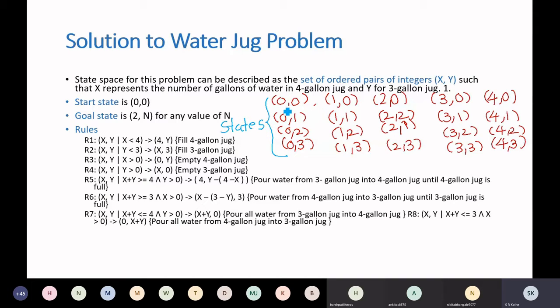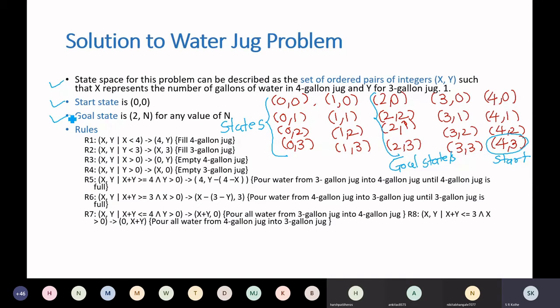And out of this, you have identified some states as the initial states. So initially, if both jugs are full, (4, 3) will be your initial state or start state, and in the final state the 4-gallon jug will contain 2 gallons of water. So all these are final states, or you may call them goal states, right? So these 3 steps we have completed now.